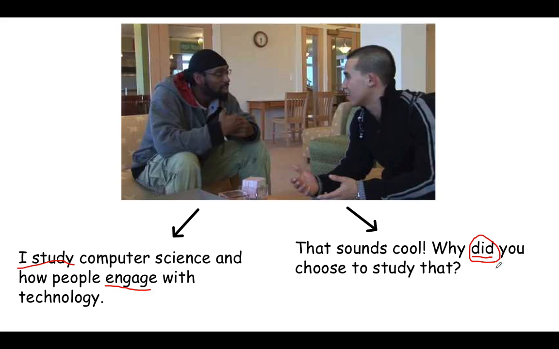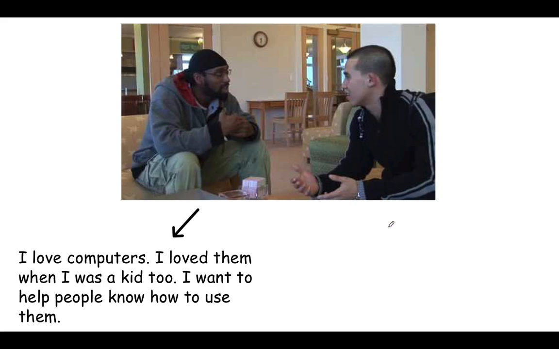What made you decide to study that? That's why he uses "why did you," because he chose to do it in the past. He chose to study this in the past, but he studies it now, meaning he does it a lot. So that's why he used the past tense when he asked the question.